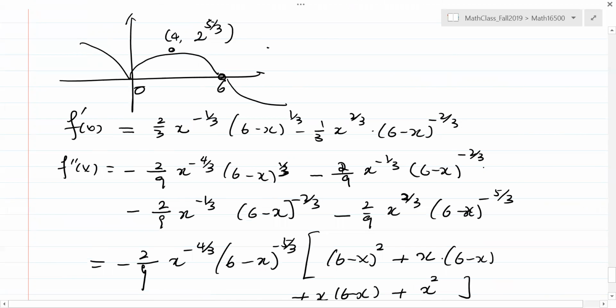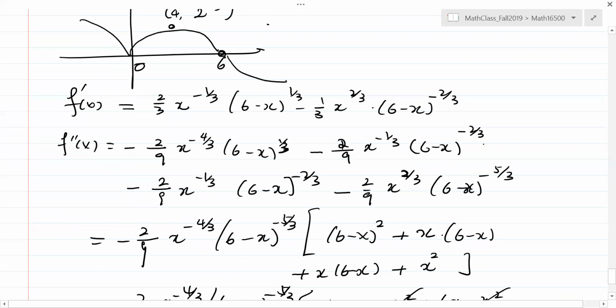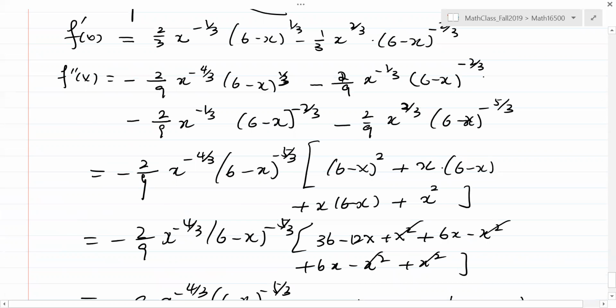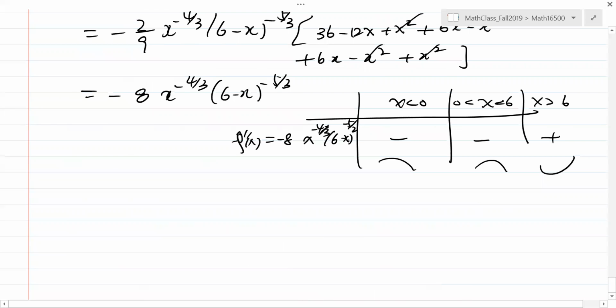So now we get the inflection point. We see that between negative and 0, the second derivative is negative, concave down, and between 0 and 6, it's also concave down. But when x is greater than 6, it's concave up. So this is the inflection point. Let's go back to the picture.